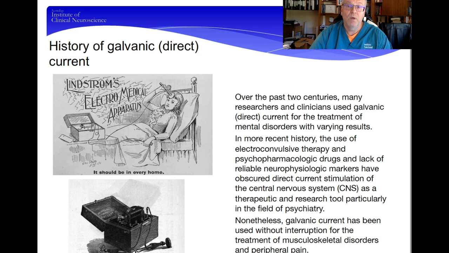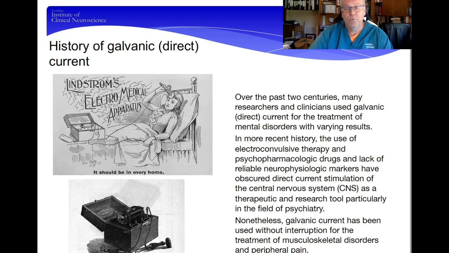Galvanic currents have been around for a couple of centuries, probably more, but we didn't really know what it was before then, and we didn't have any systematic form of application.